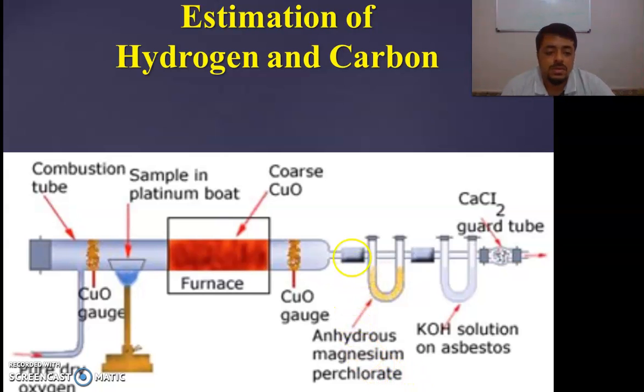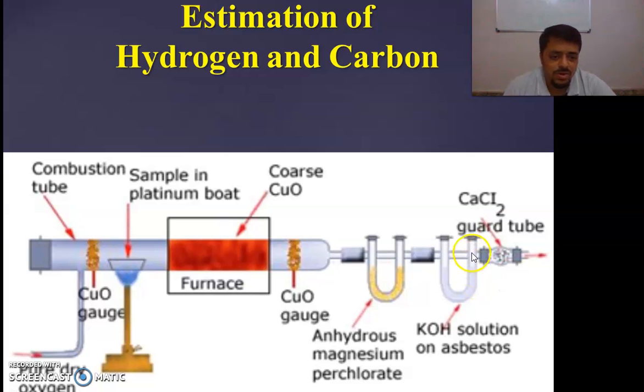From the gaseous products, H2O is trapped and the remaining gases pass to the next U-shaped tube, which contains KOH solution. KOH reacts with carbon dioxide, giving K2CO3, potassium carbonate, a precipitate inside the tube, and the remaining gases pass into the CaCl2 guard tube.